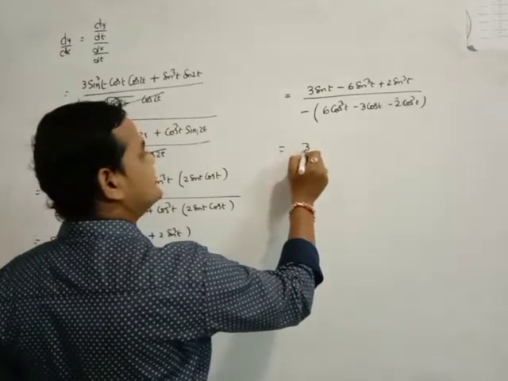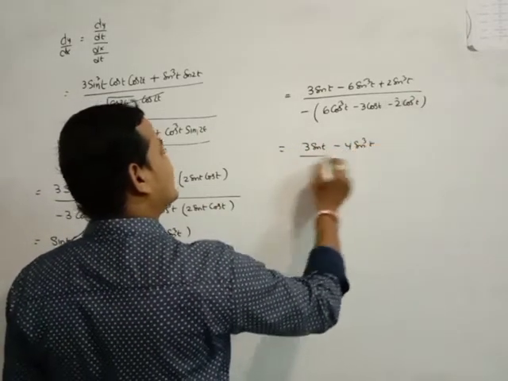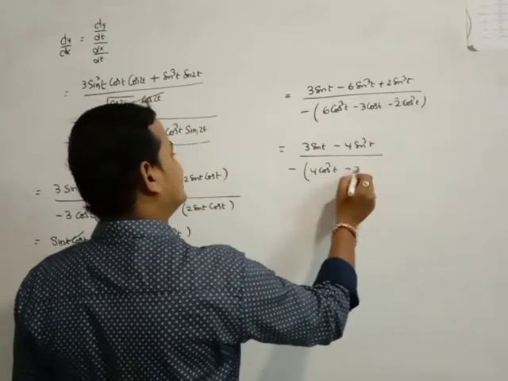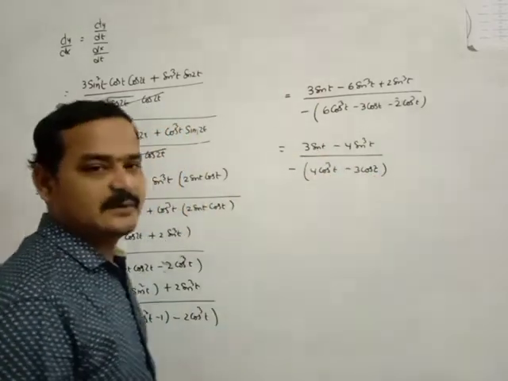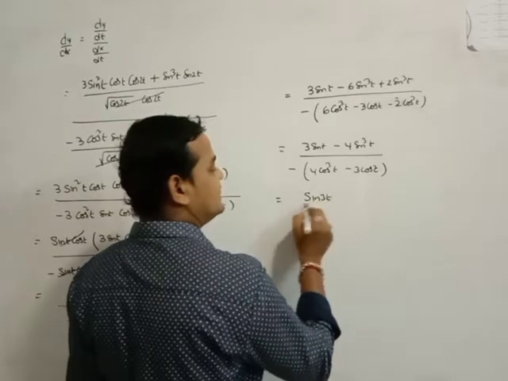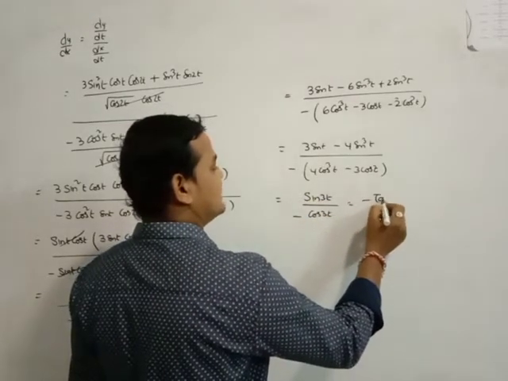So that is 3 sin t minus 4 sin cube t by minus of 4 cos cube t minus 3 cos t. This is the formula of 3 sin a minus 4 sin cube a is equal to sin 3a. So that is sin 3t by minus cos 3t. So the answer is minus tan 3t.